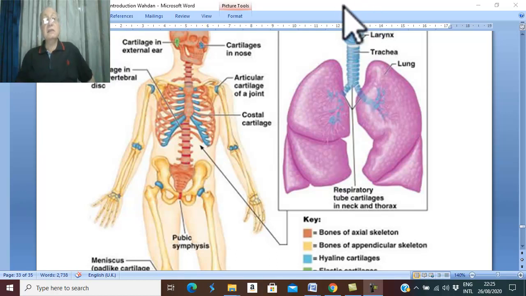And never forget the cartilage which protects the respiratory passage and all chest structures, which is called costal cartilage. Costal means ribs. The cartilage which is continuous with the ribs is called costal cartilage.